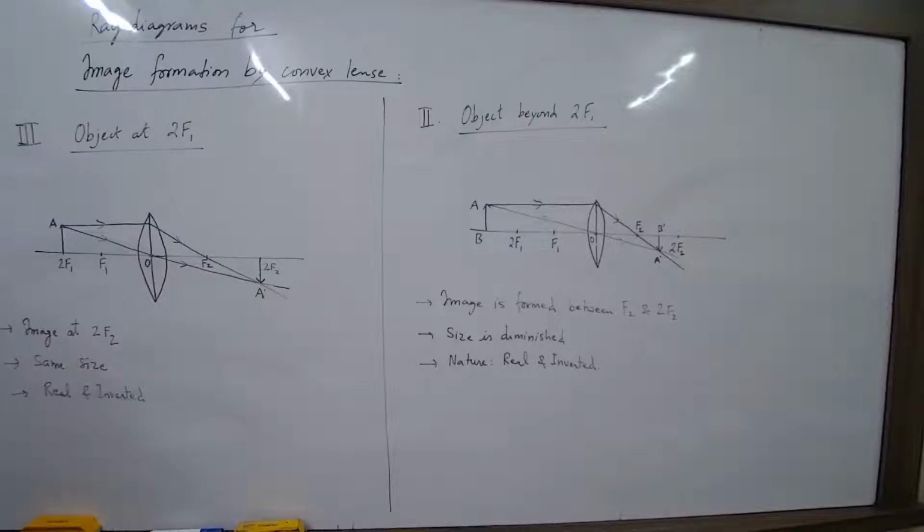B. We have not labeled B. This is 2F1. No? Yeah. What is given in the book? You have labeled?